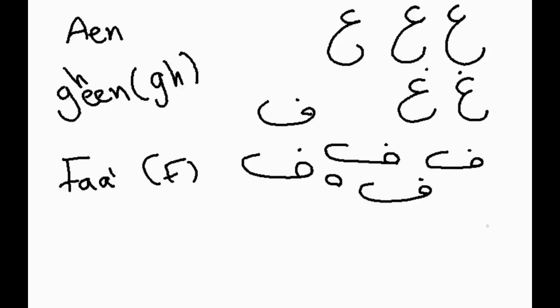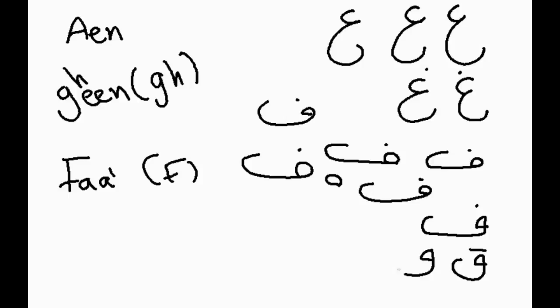Later, when we talk about fonts, you will also find it as half a loop and then the arc. You need to remember this to recognize fa from the letter qaf coming next to it.